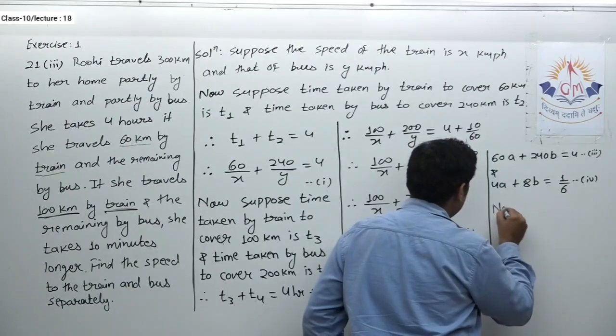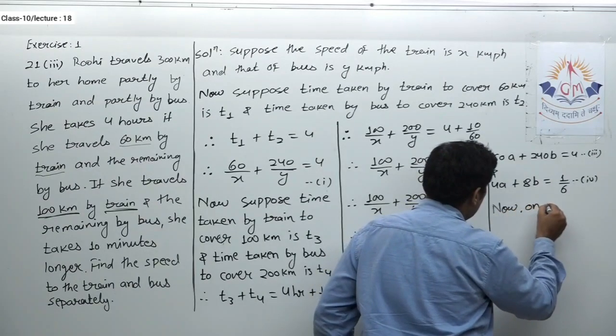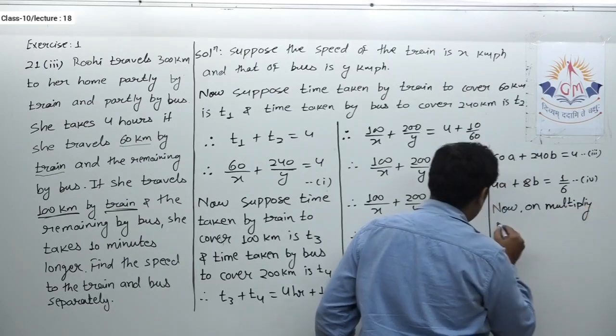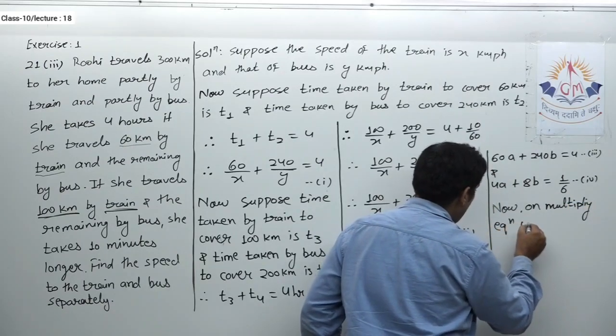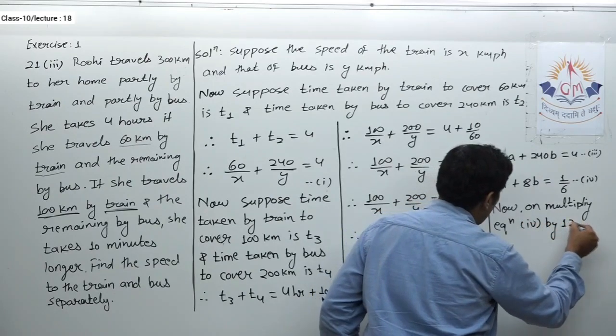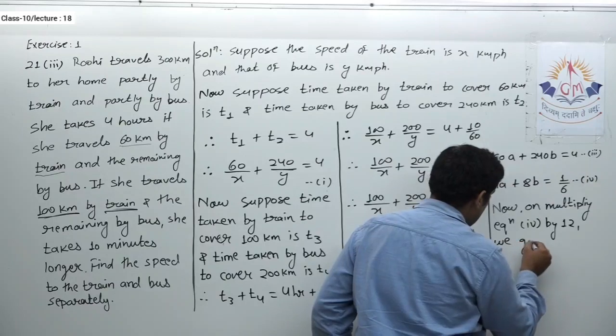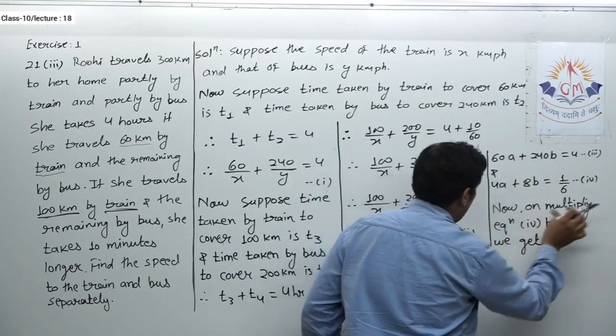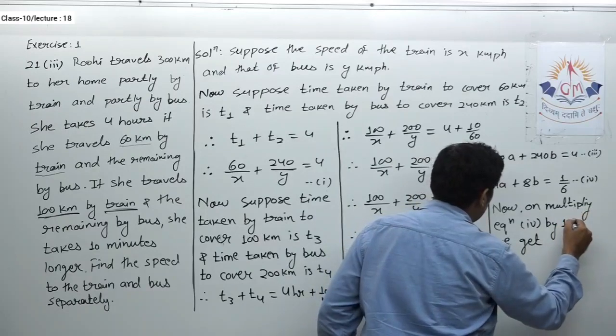So now, on multiplying equation 4 by 15, we get, actually it should be 15, not 12.